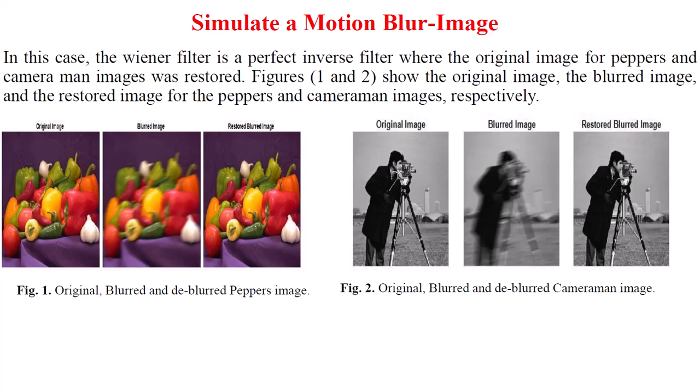Also, the second image, which is the cameraman image, this is the original image, then we add blur to the original image, so this image is a blurred image. Then we use the Wiener filter to restore the original image.